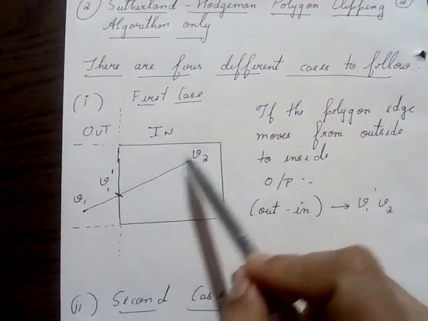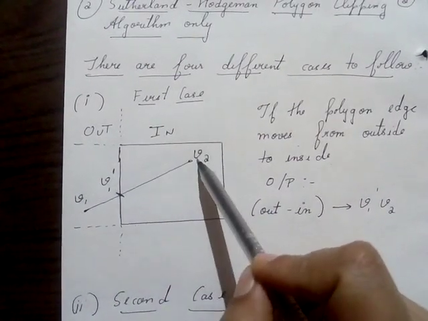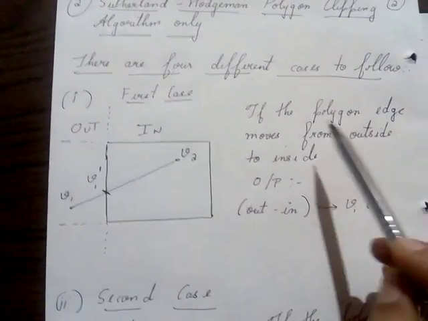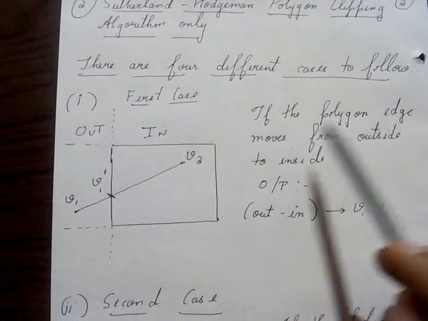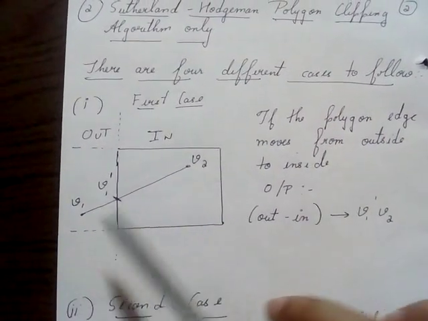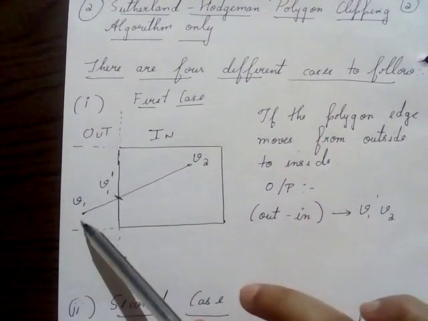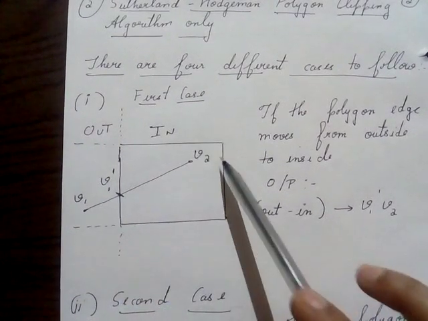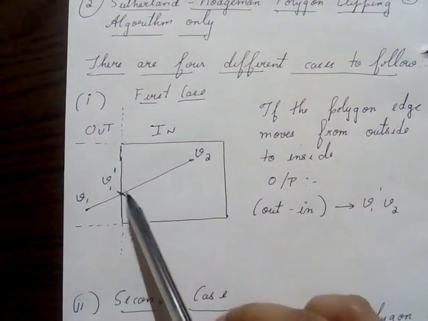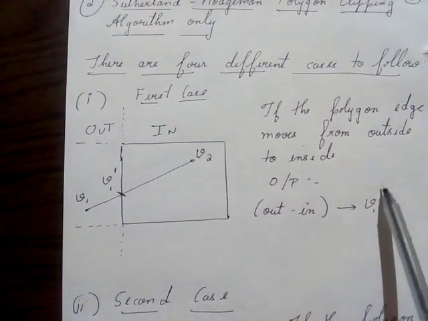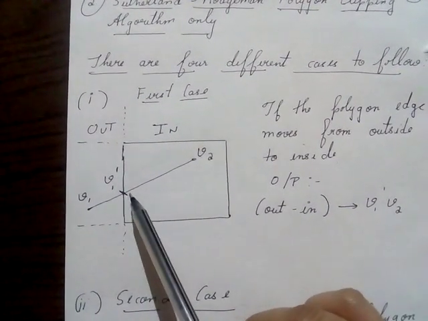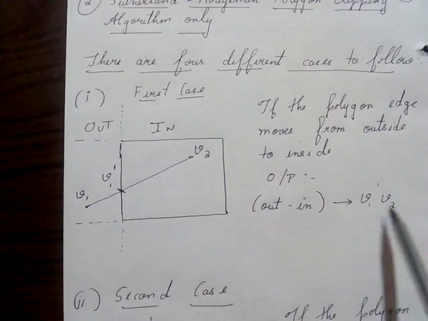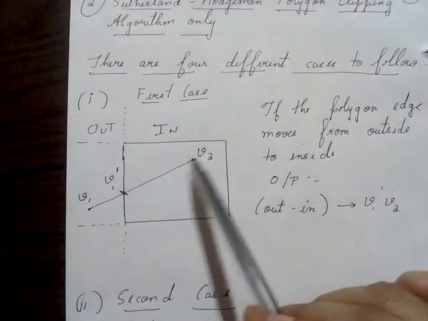The output of this edge v1 to v2, out to in, is v1 dash and v2, that is, the intersection point and the second vertex.